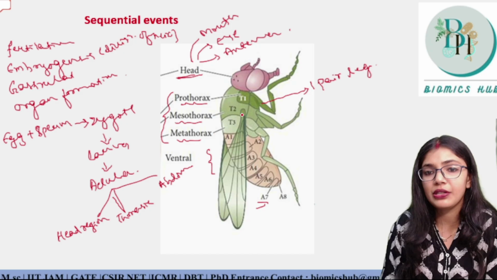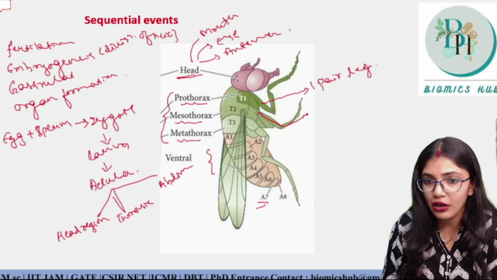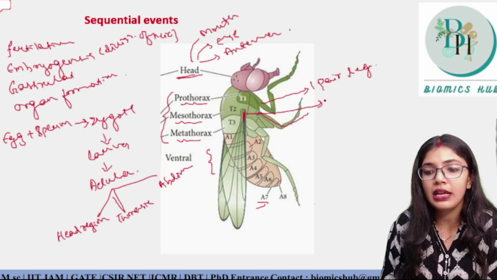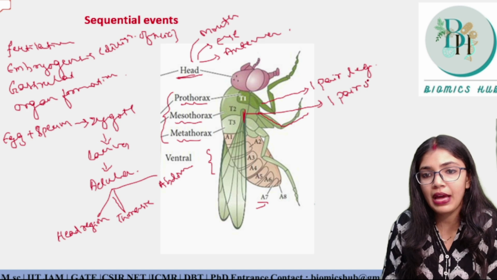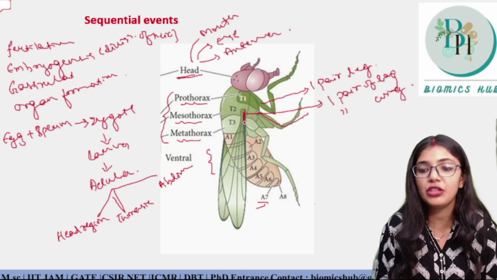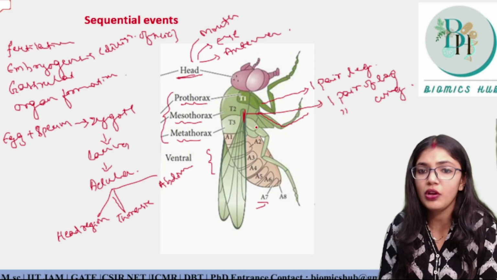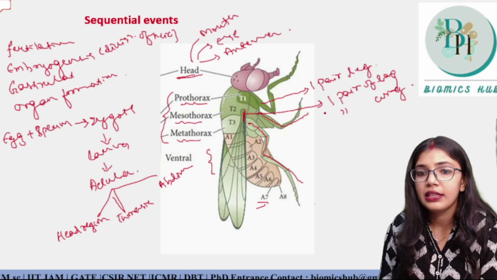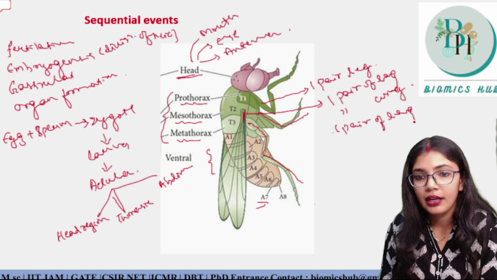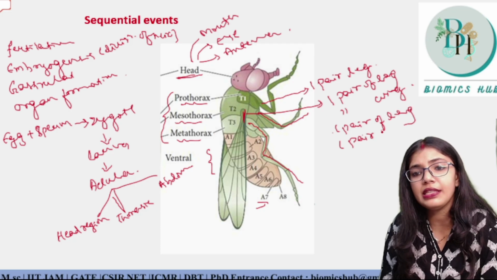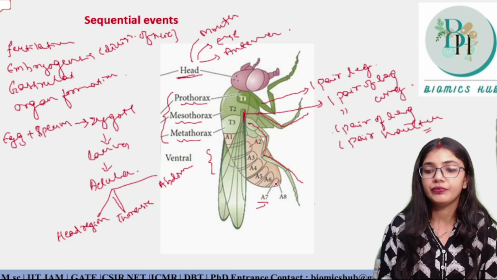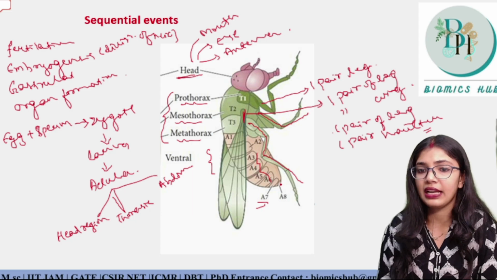Next is the T2 segment. We can see here that from the T2 segment there is one pair of legs and one pair of wings. Next comes the T3 segment. From the T3 segment there is one pair of legs and one pair of halteres. Why is the haltere required? The haltere is required for balancing. Next the abdomen segment is present, and at the end there is the telson segment.